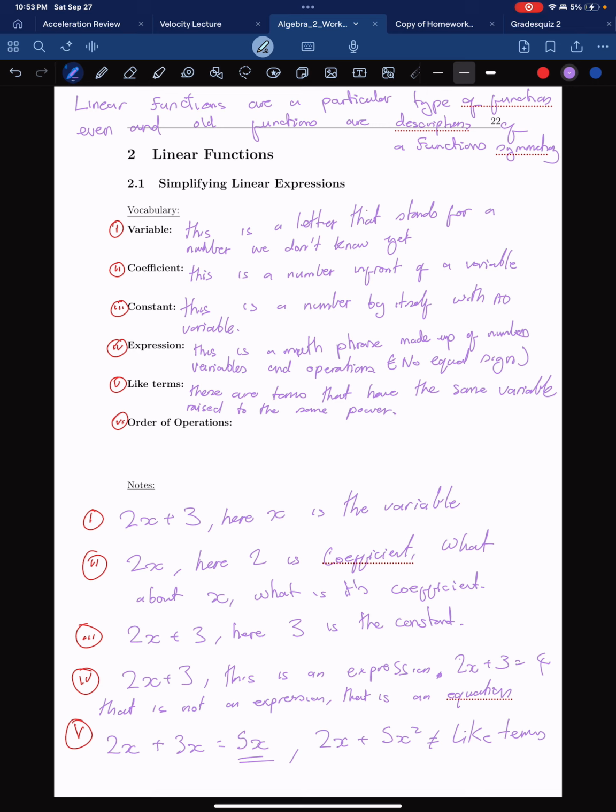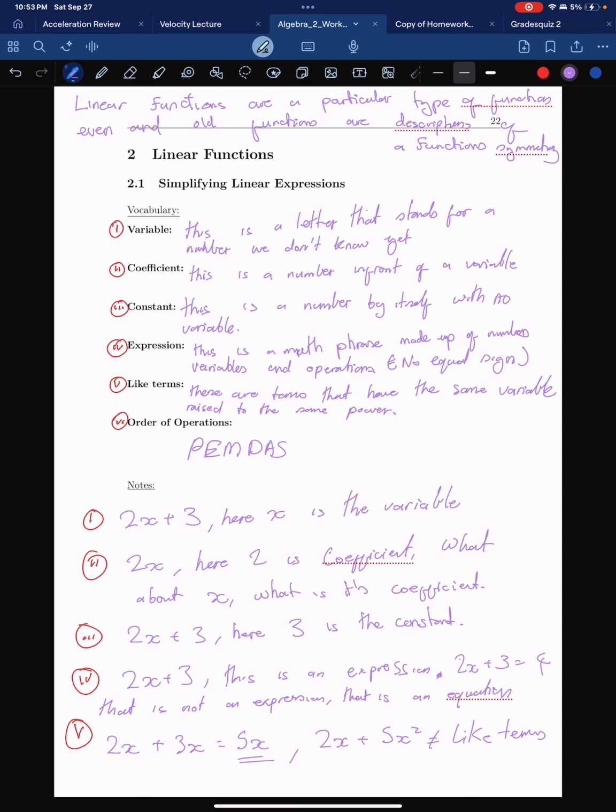And then order of operations, okay. PEMDAS, all right? This is basically a description of how you should solve math problems, all right?